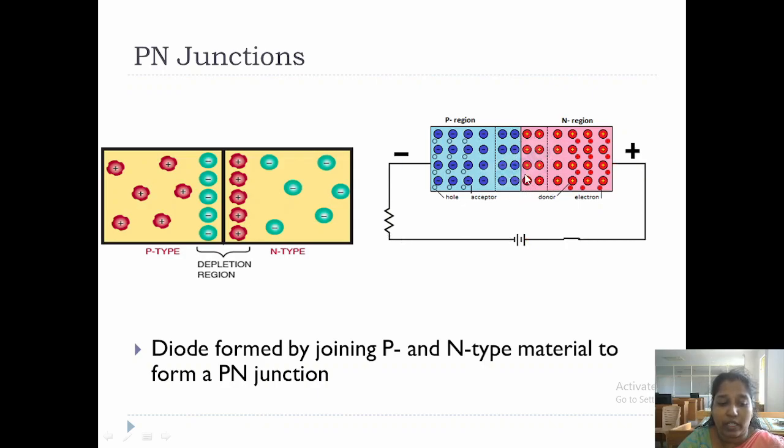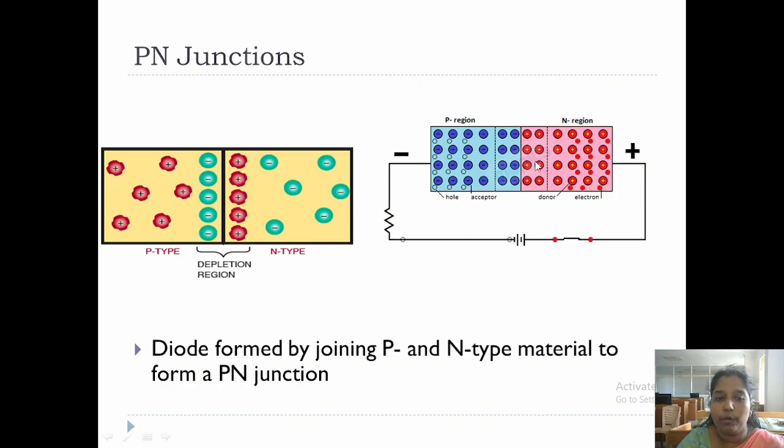This depletion region contains both positive and negative ions which are immobile in nature. It also contains a few charge carriers which are thermally generated. In this depletion region, these ions set up an electric field, and this electric field points from the positively charged ions towards the negatively charged ions.